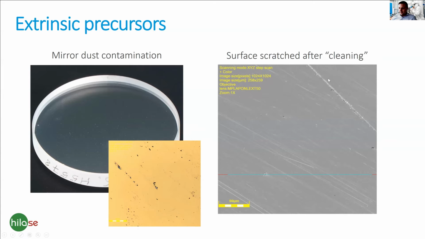All these surface modifications will again lead to the enhancement of the electric field if the light is passing through them, because there will be a larger surface on the boundaries of these scratches.